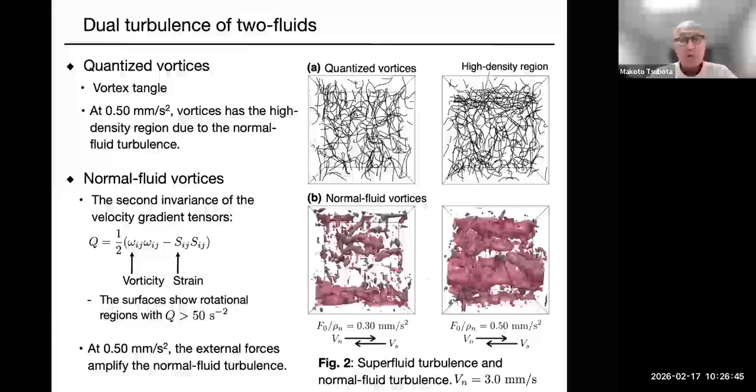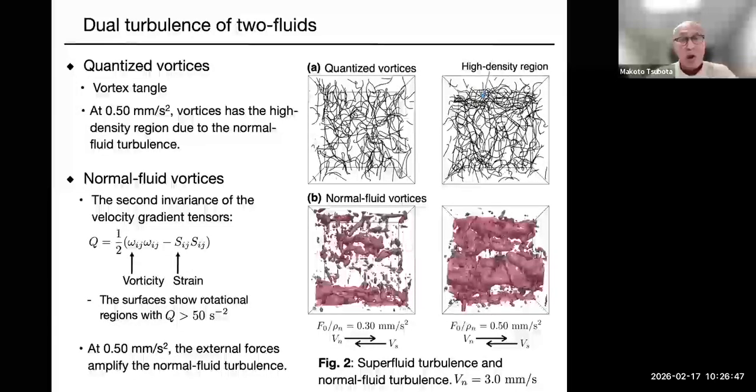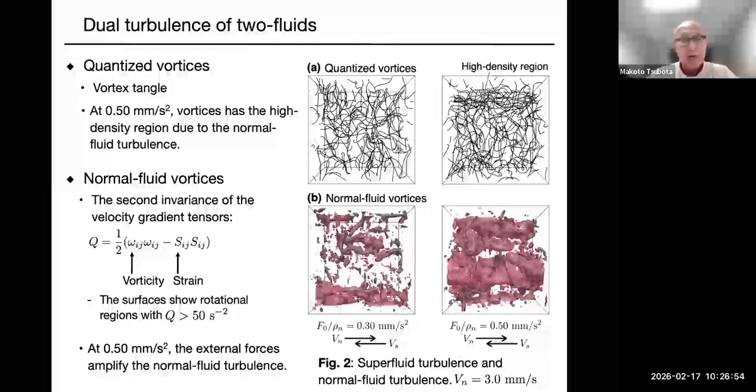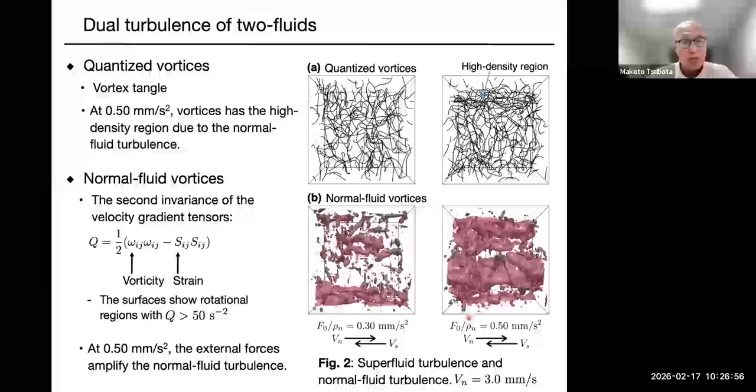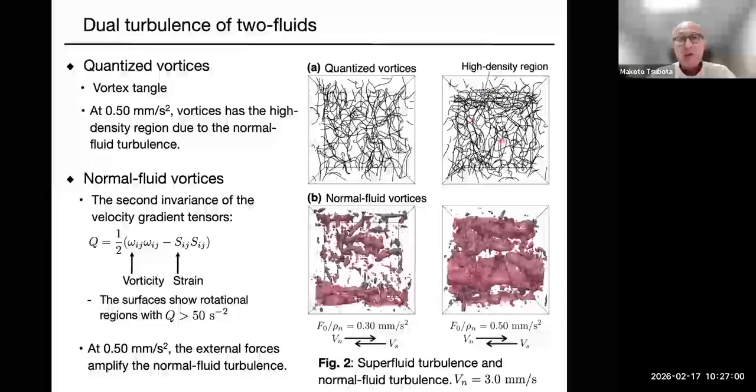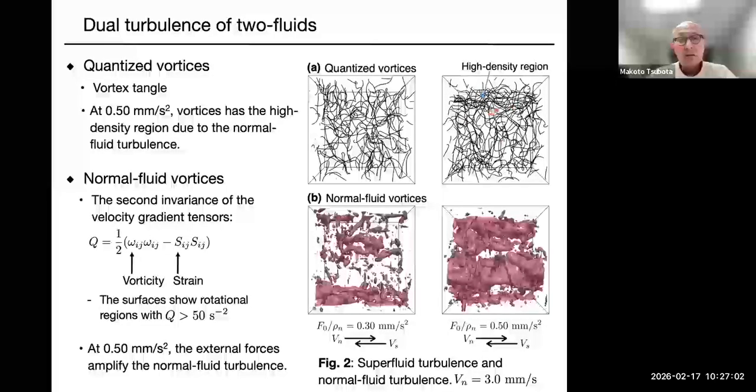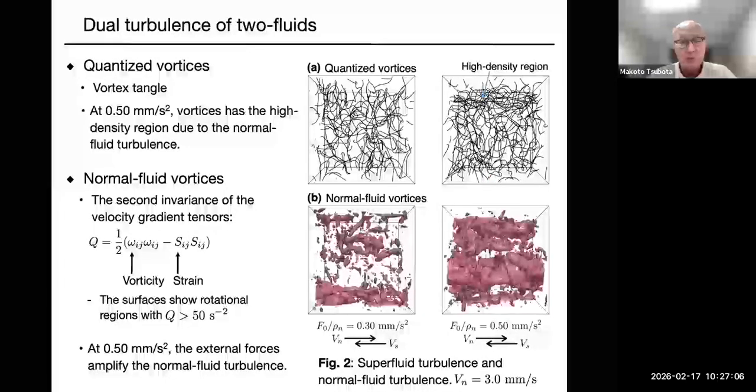The lower figure shows the normal fluid vortices. And if the value of the forcing is relatively high, the external forces amplify the normal fluid turbulence, and the vortex tangle tends to be localized in the strong normal fluid turbulence regions.